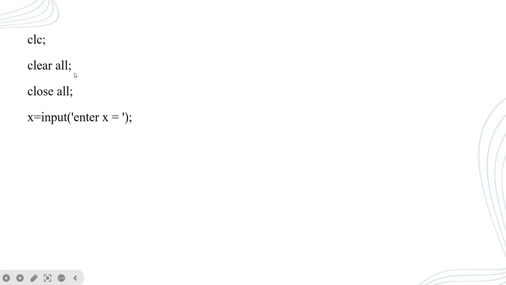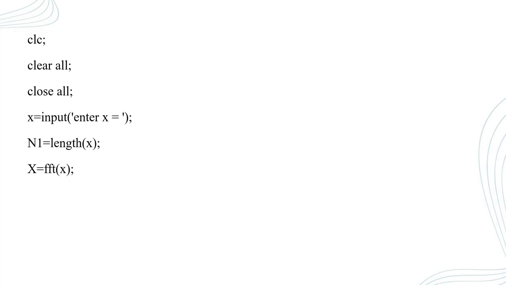The commands here should always end with a semicolon. Here the user will enter a sequence x. Then next is n1 is equal to length of x, that is, it will store the number of elements in the sequence x.